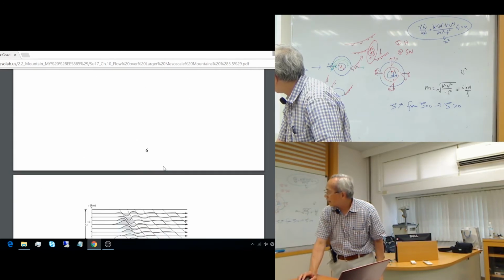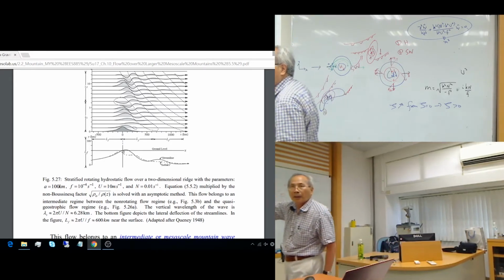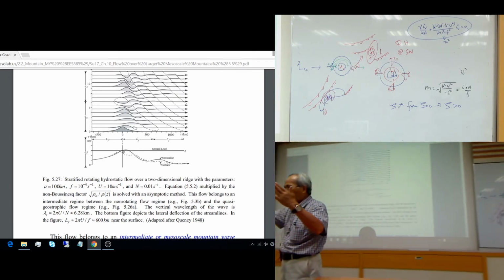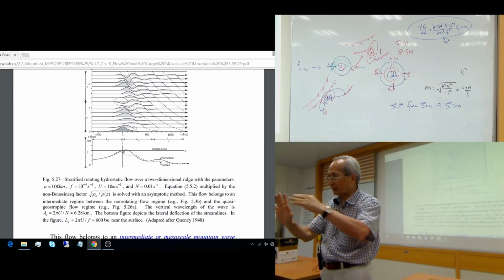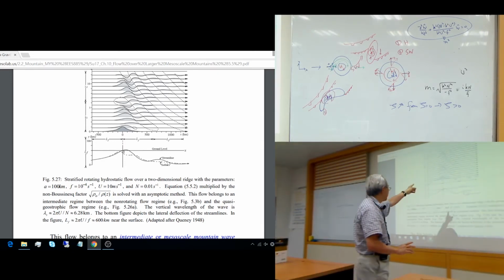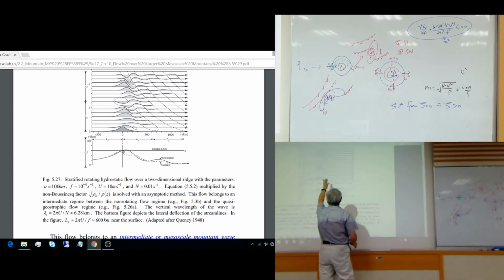So this one is the solution we discussed, okay, for two-dimensional rotating flow passing over a two-dimensional mountain ridge, and then you plot it, and you can see like this.